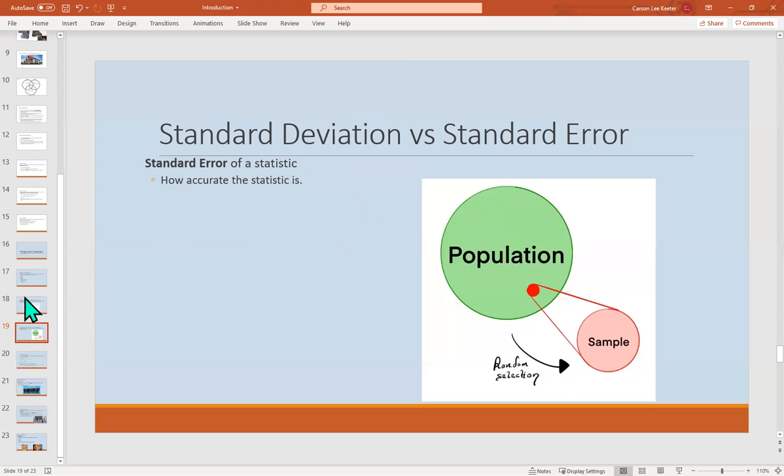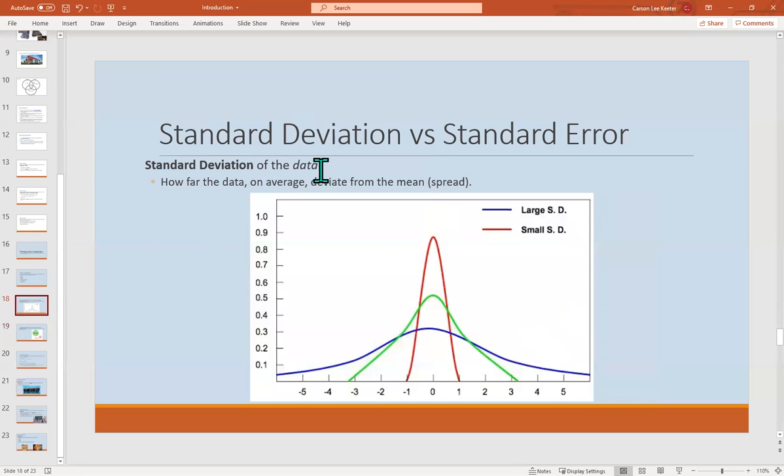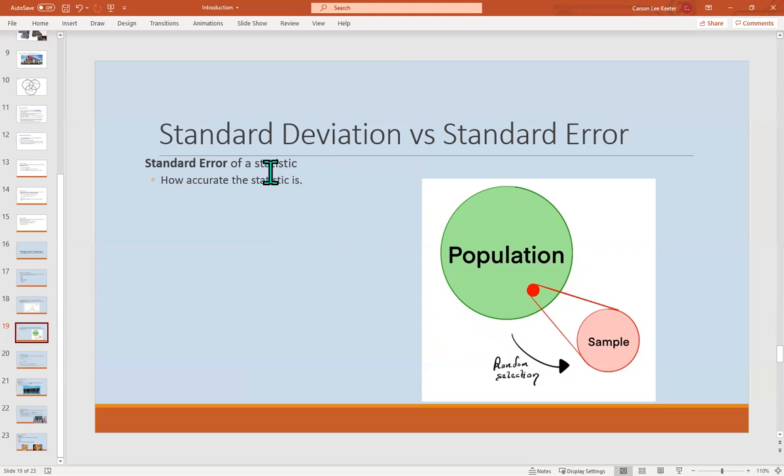So standard deviation, just as a recap, is of the data. So we have the sample and we have some standard deviation associated with the data. Standard error is for whatever statistic we calculated from the data and how close it is to the population. The bigger cookie cutter we make from this population, the smaller the standard error is.